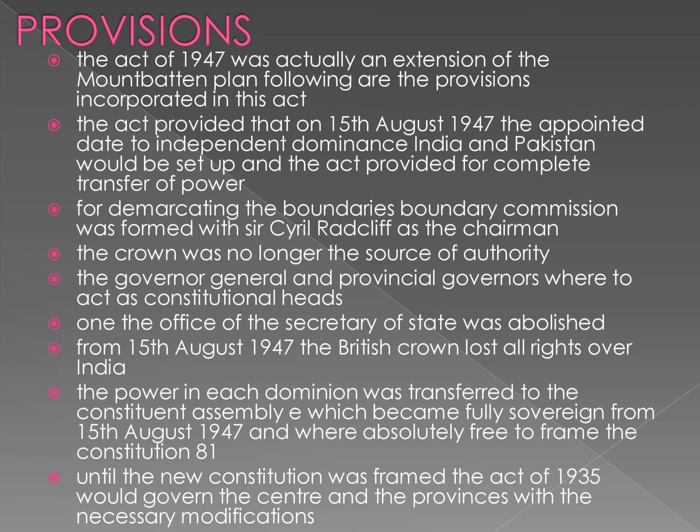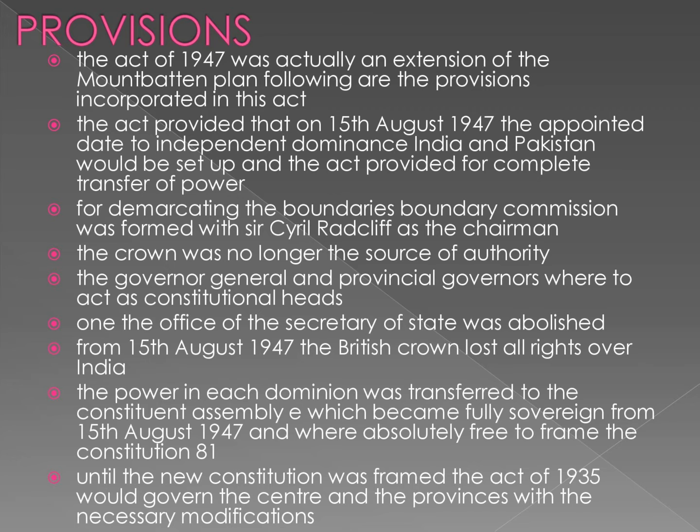Another provision of this Act: the Crown was no longer the source of authority, meaning it had no power over the people of India. The Governor General and the provincial governors were to act as constitutional heads. They lost extraordinary powers to legislate, meaning that after the introduction of this Act, the British were no longer concerned with lawmaking authority.